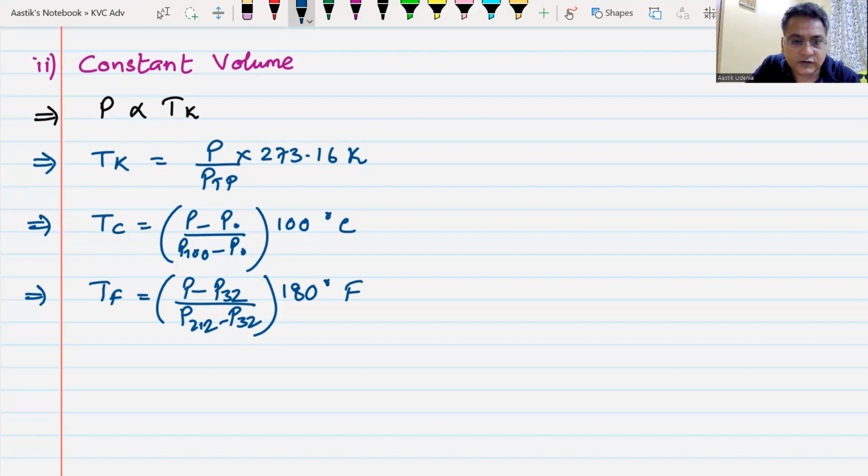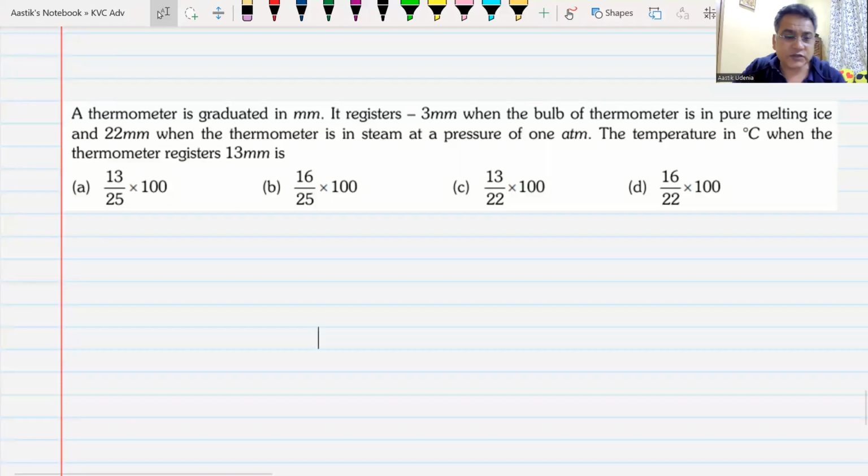Then you can solve this question based on this. I'll give you 2 minutes to solve this question. A thermometer is graduated in millimeters.